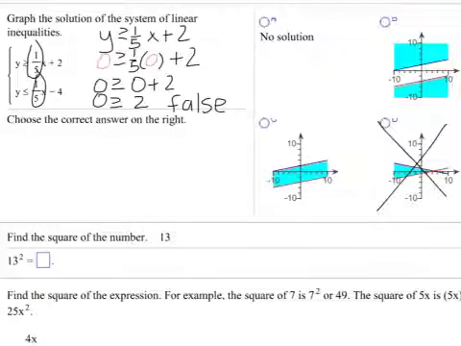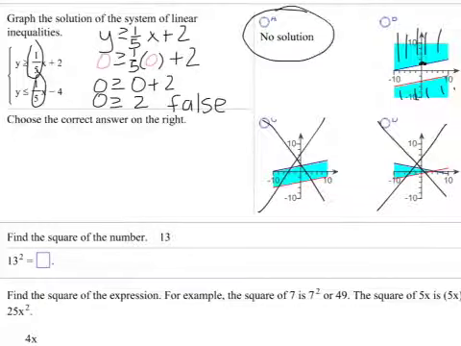So that means that C is eliminated because my blue line is 1/5 x plus 2, and I know that because 0, 2 is my y-intercept, which means that line should go through right here at 2. And so I should be shading definitely above that line. Now B has that done, but B also has the red line shaded below the line. And those two shadings do not meet, which means that actually the correct answer is A. There is no solution to this system of linear inequalities.